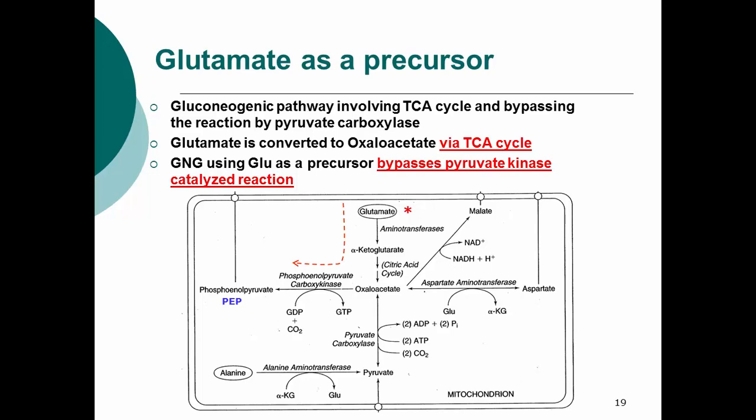The purpose of gluconeogenesis is to make glucose during fasting in order to maintain the blood glucose level. We also mentioned that the metabolic pathway involves 4 key reactions: 2 key reactions are in the mitochondria, and the other 2 in the cytosol.